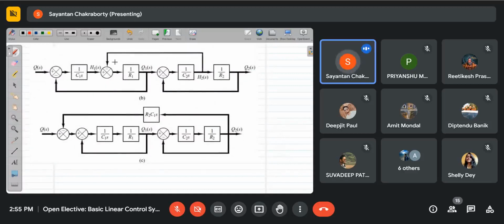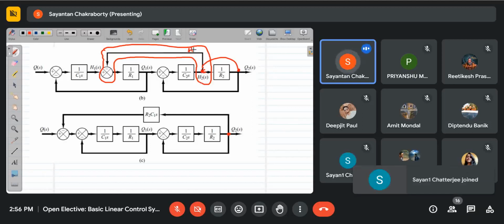What I've done over here, see this branch, I have shifted this takeoff point to here. Whatever signal I was taking over here, say H2s, this signal was basically H2s. So at this point, what is the signal?